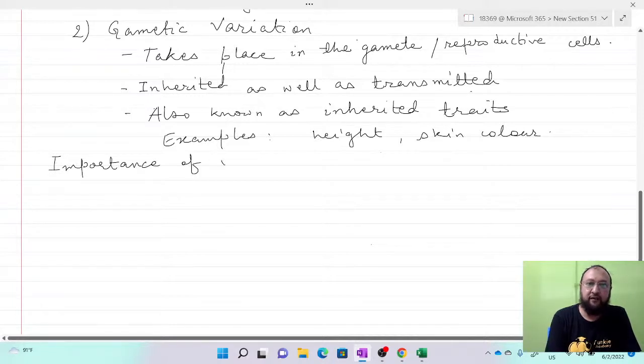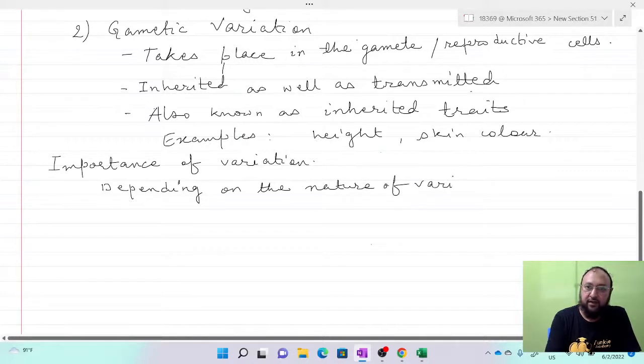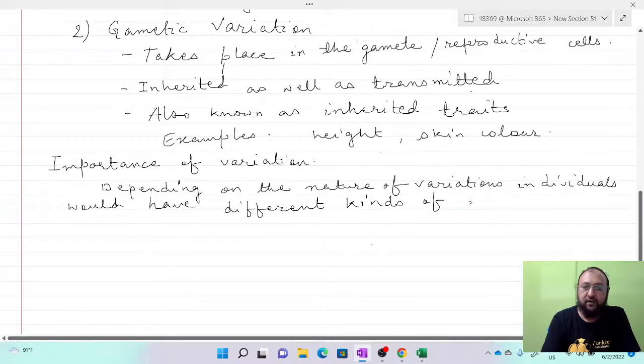First point is that depending on the nature of variations, individuals would have different kinds of advantage.